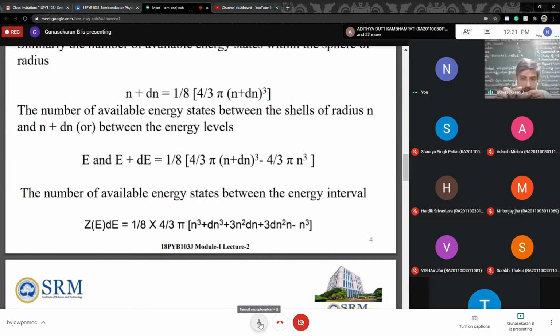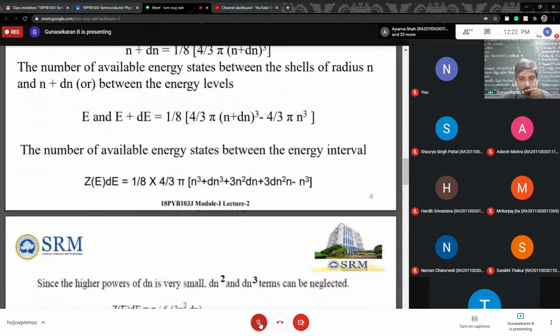That's why I neglect the higher powers of dn, that is dn square, dn cube, and so on. In this equation, n cube and minus n cube get cancelled, and since the high powers of dn are very small, dn square and dn cube can be neglected.